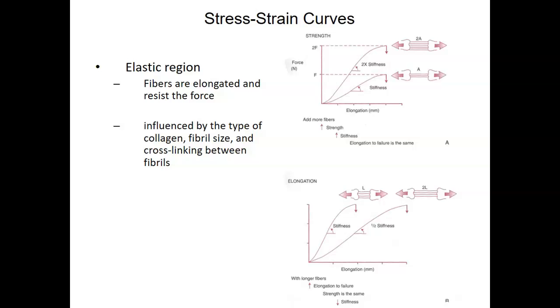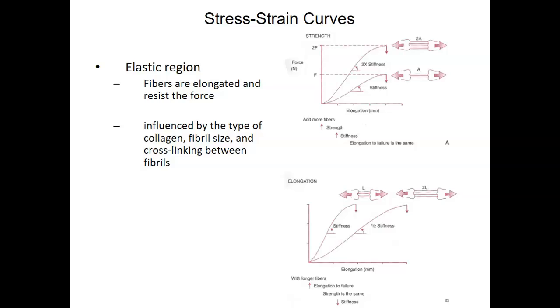Their length is not changing, but I've doubled the force. So the ligament that's twice as thick, or twice the stiffness, can take twice the load, but it doesn't really deform that much. Right? The length is the same. They can take twice the force.